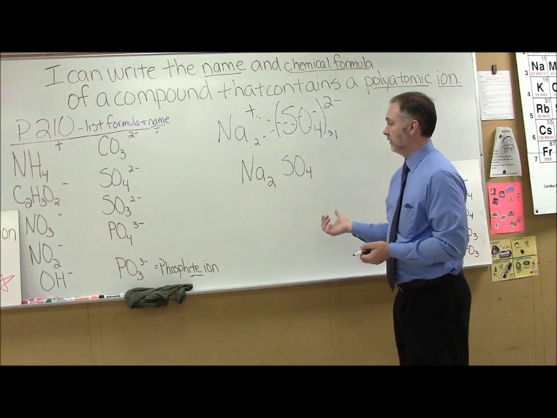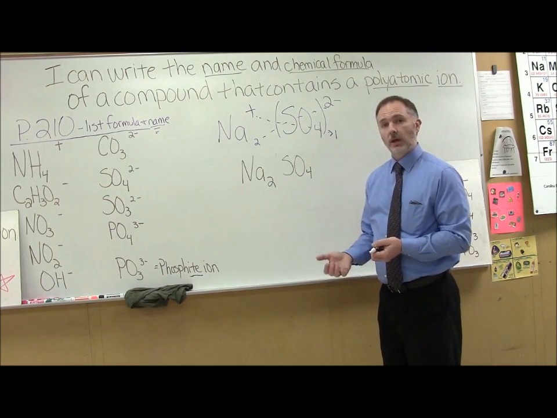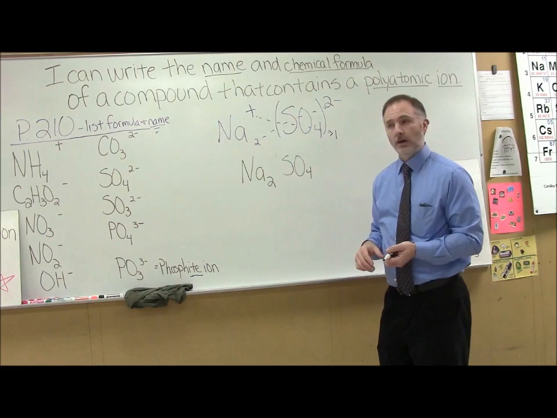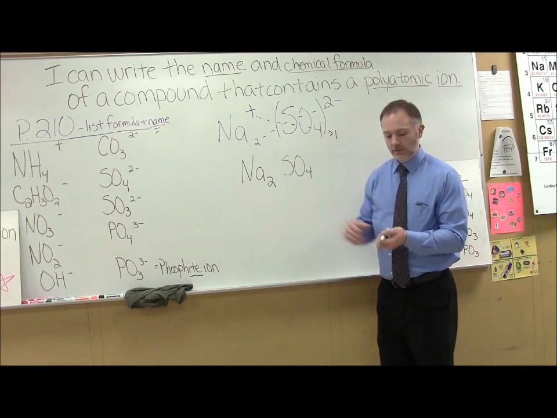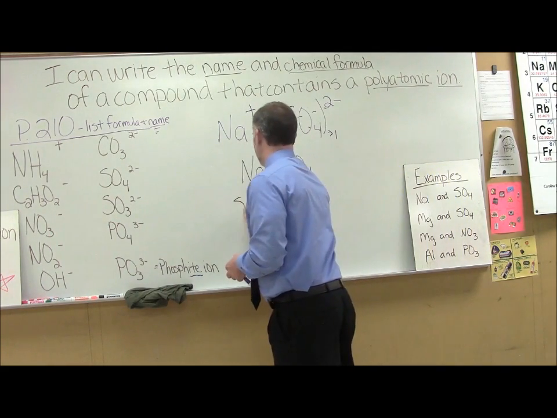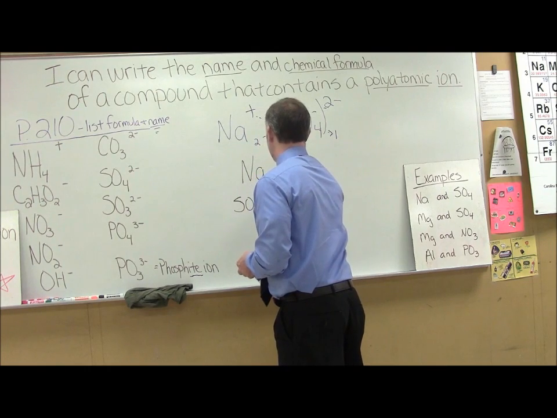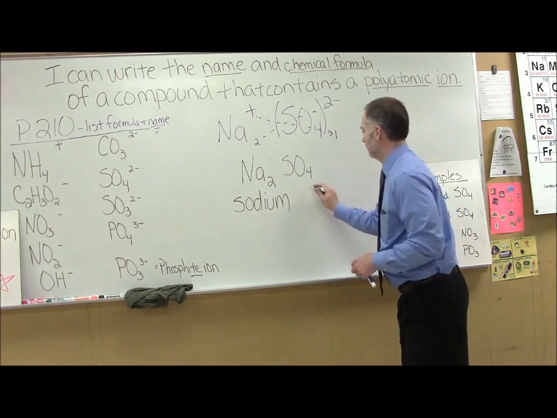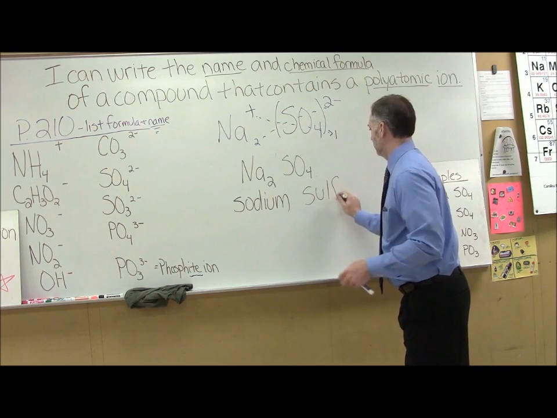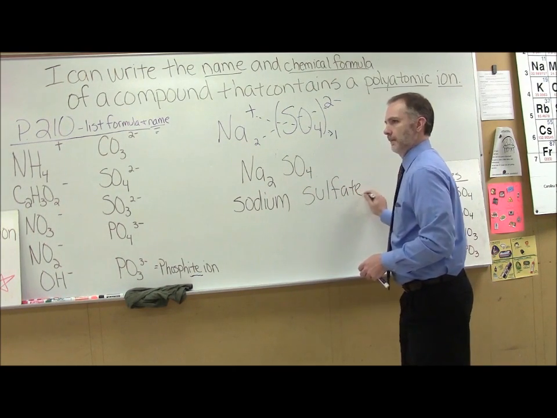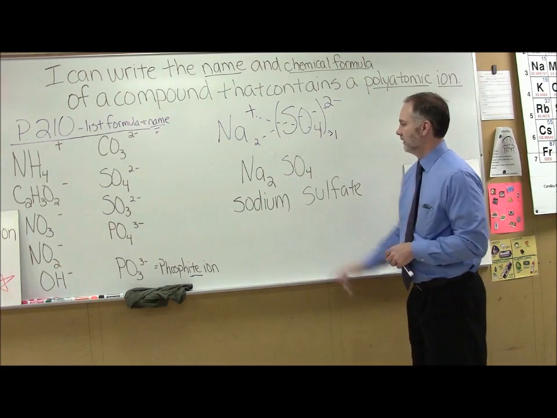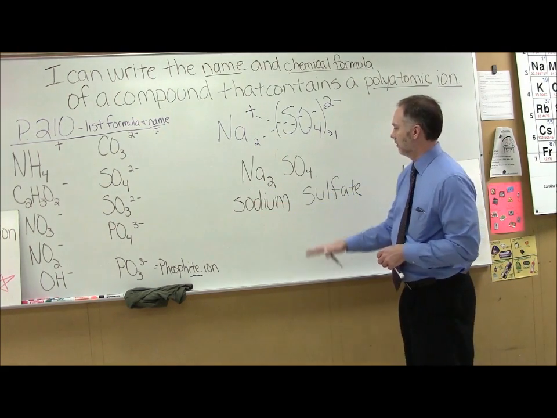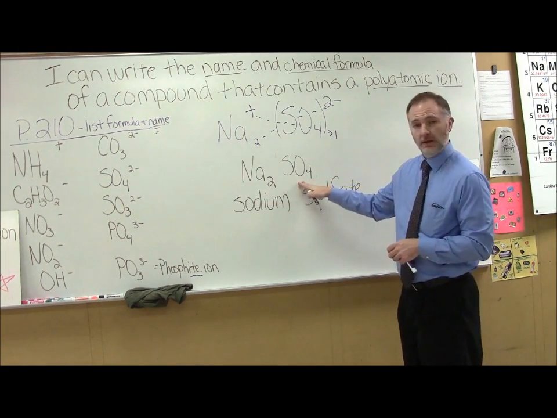Now the way you name this is the name of the cation followed by the name of the anion. So we start here, we got sodium, and sulfate. Name of the cation sodium, name of the anion is sulfate.